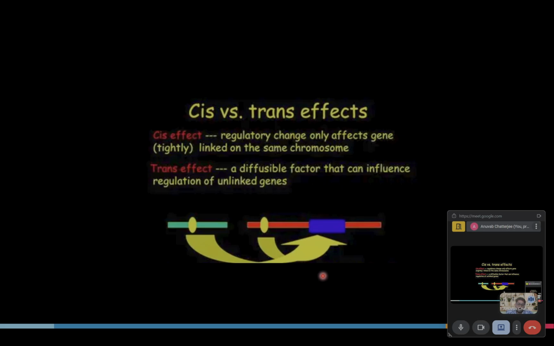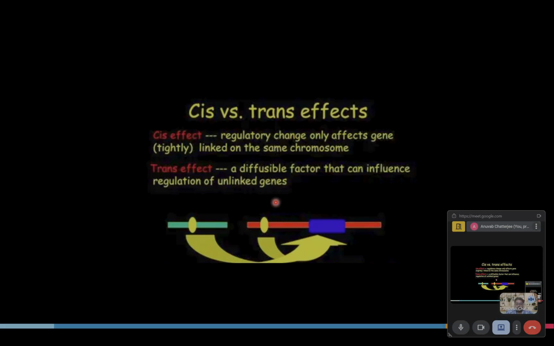So here is an example where say on the red line, this is one chromosome, this is our gene, the blue, and this first yellow dot is the cis regulatory element which directly affects the regulation of expression, whereas the trans element which is present on a different chromosome or very far away, this actually forms a product which diffuses and this then affects the gene expression.